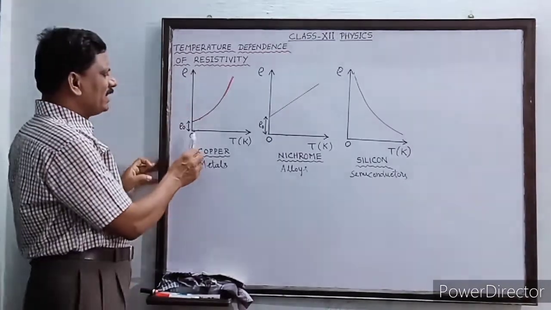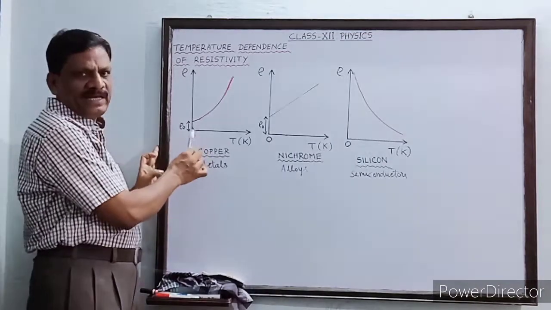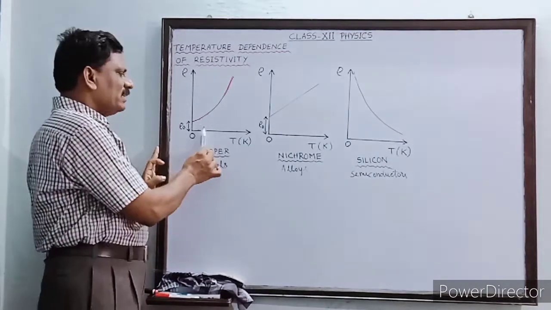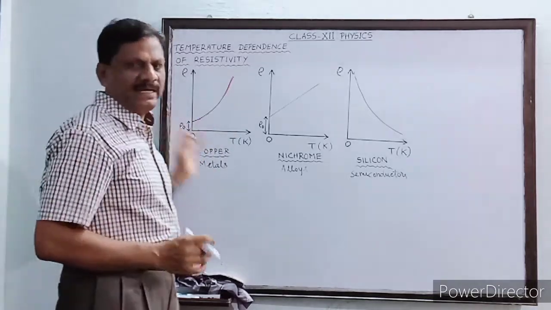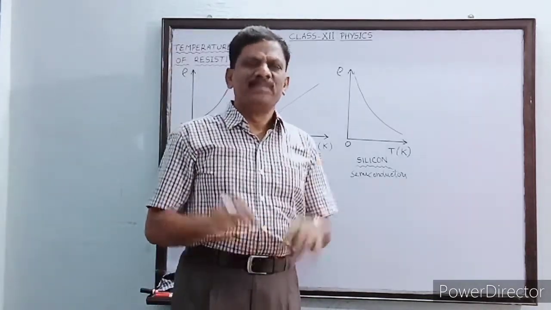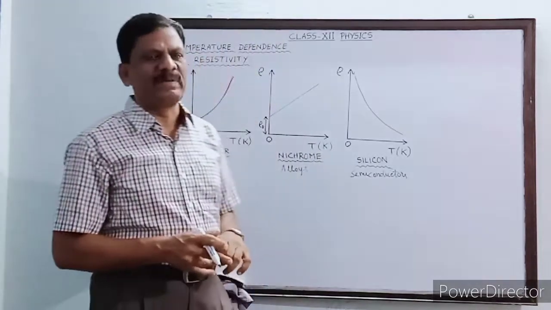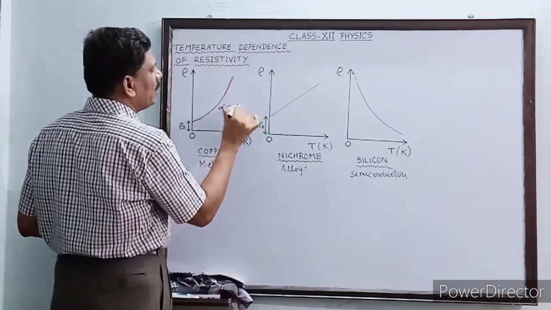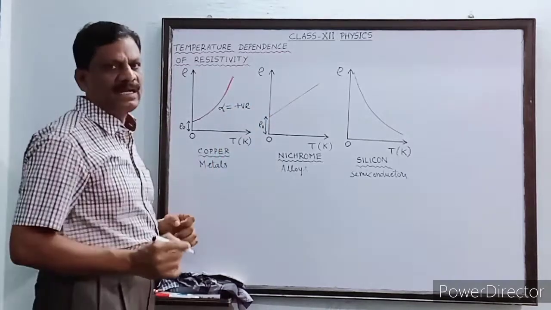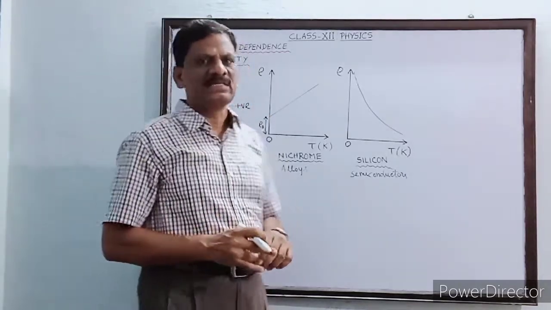As the temperature is increased from a lower value T0 Kelvin, the resistivity continuously increases. That is why we say that pure metals have a positive temperature coefficient of resistance. Alpha is positive for metals.